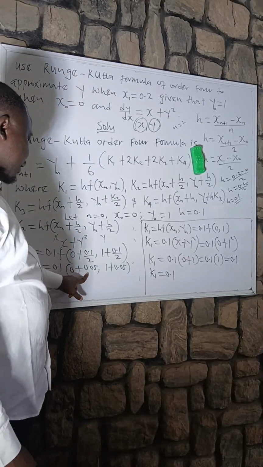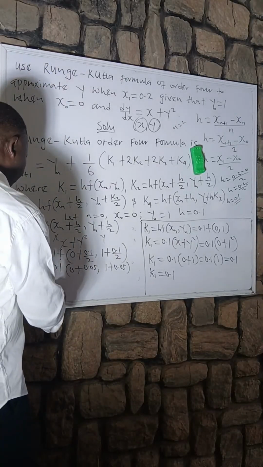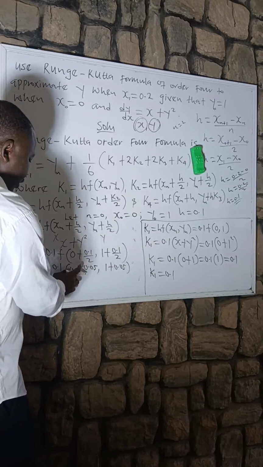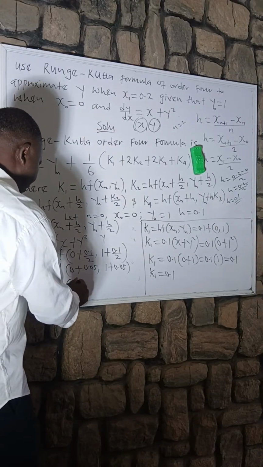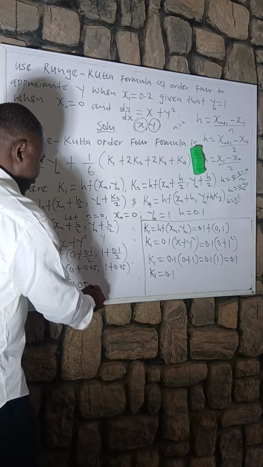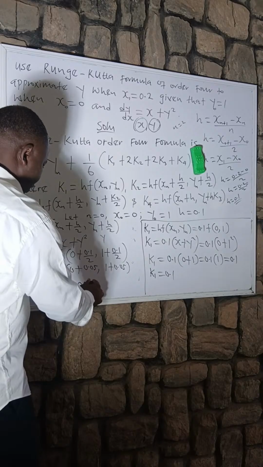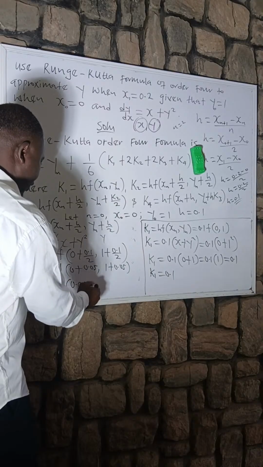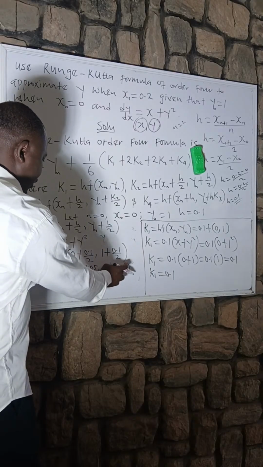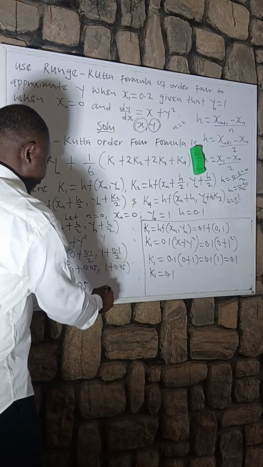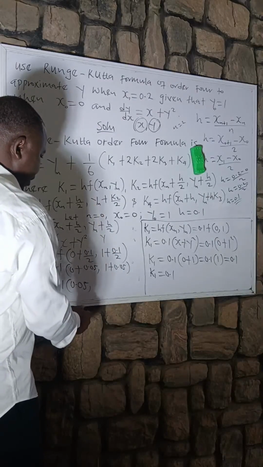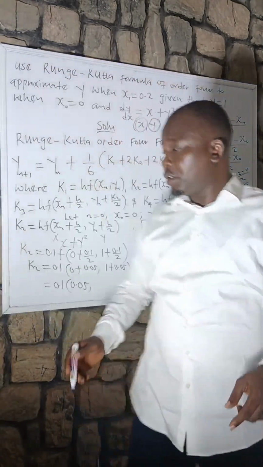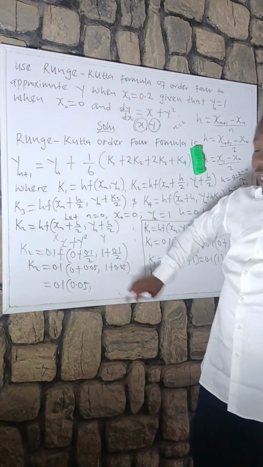So by the time we have this, we are going to have our K2 equal to 0.1 times 0 plus 0.05, which is 0.05, comma 1 plus 0.05. We have 1.05. Look at the board very well, add it and give us the answer.